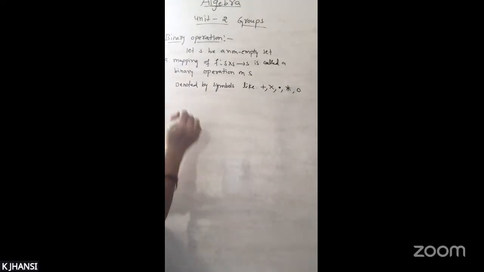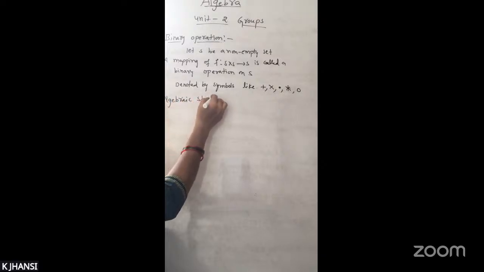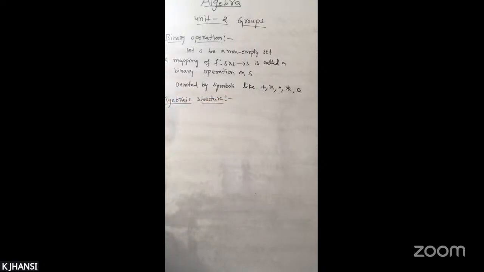Next we have the main important one, the representation for a group, that is the algebraic structure. Algebraic structure means the representation of a set and one operation; the combination of these two is called an algebraic structure.